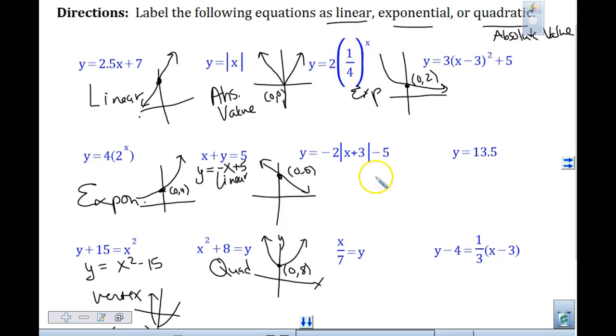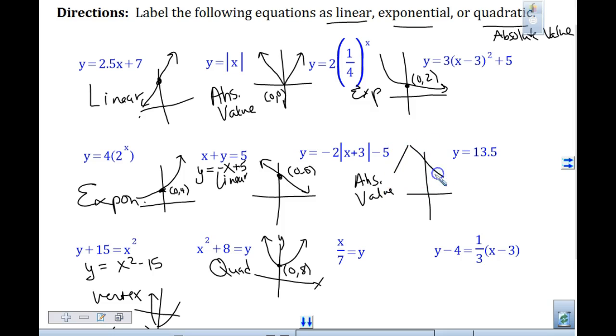All right. Who haven't we hit over here? Owen, next one. Absolute value. And y-intercept negative 5. Okay, it is going to be our y-intercept at negative 5. What else do we know about it, besides that y-intercept being at negative 5? It is going down.